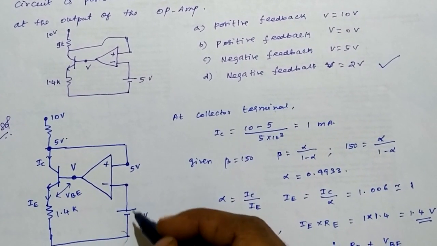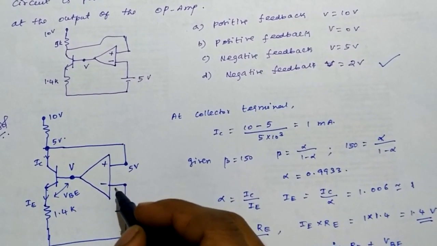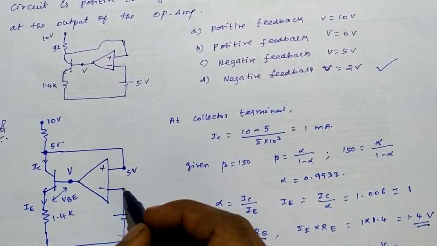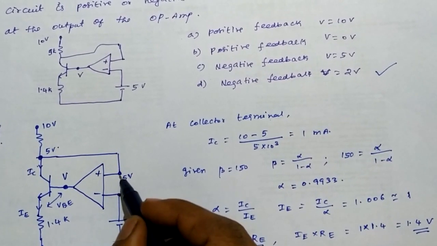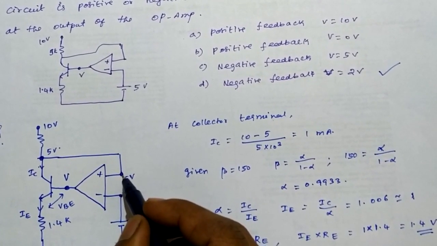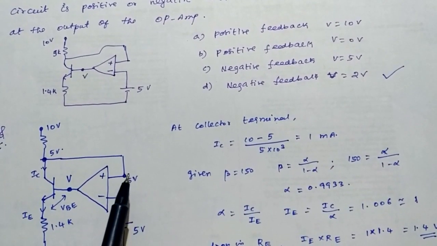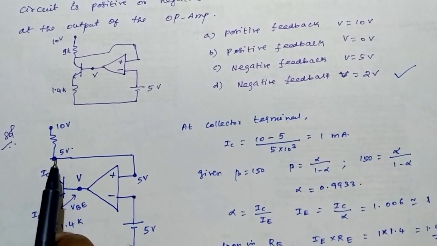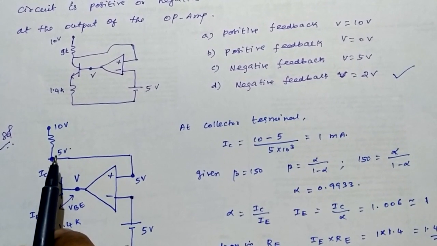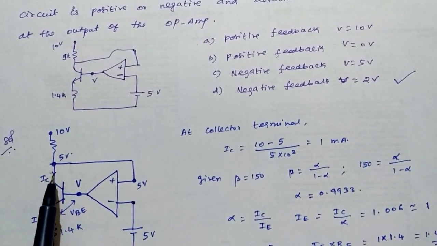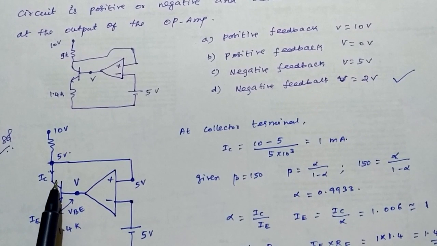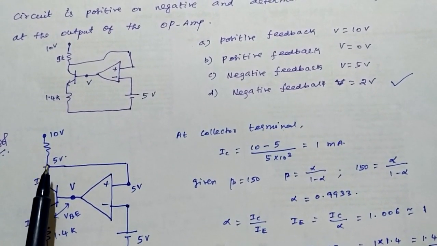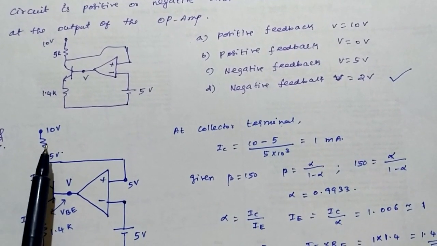So here, this terminal, that is the inverting terminal, has the voltage of 5 volt. As per the ideal op-amp, this non-inverting terminal also has 5 volt. So this 5 volt is directly coming to here. This is also 5 volt. So at this junction we have 5 volt. Therefore the current flowing through this path, that is the collector current, can be calculated as 10 minus 5 over this resistance.